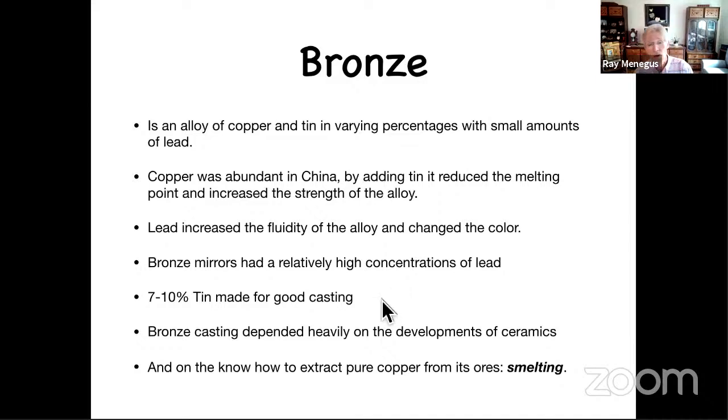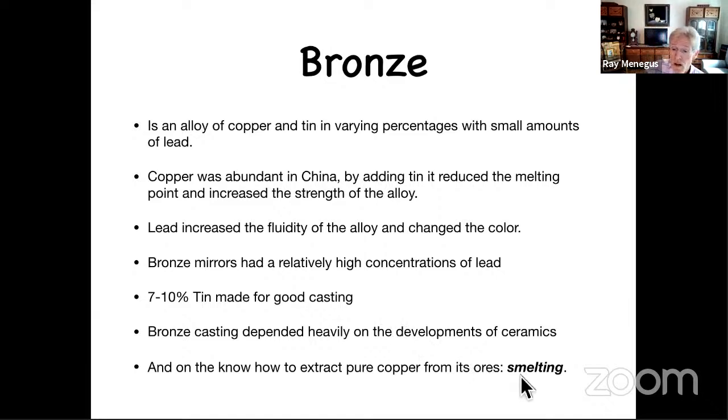So typical castings have about 7 to 10% tin. One of my sources in the bibliography goes into the entire science of the percentages that they find in ancient China, but basically 7 to 10% makes for good casting of bronze.